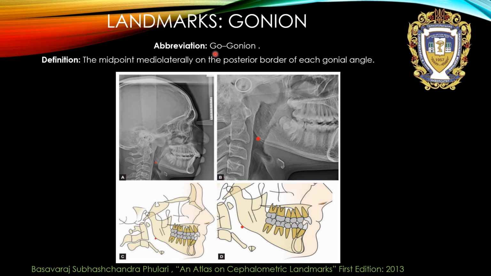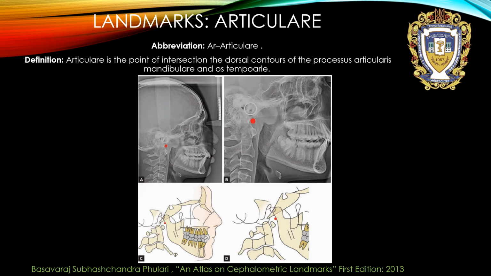Gonion point. The midpoint mediolaterally on the posterior border of each gonial angle. We have two gonial angles, and in case of deviating right and left angles, we need to put this point in the middle between two contours. Articulare.